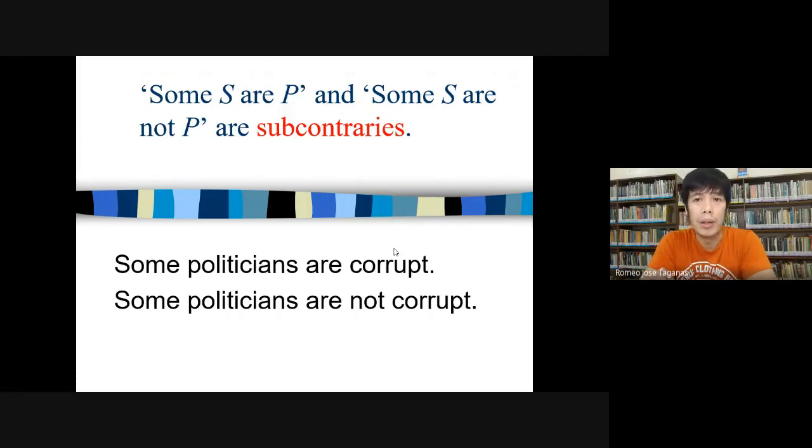The next example is an O proposition because an O proposition is particular and negative. Some politicians are not corrupt. It is particular because of the modifier some, and it is negative because easily you can spot the word not. So what is the relationship of the first proposition to the second proposition? They are sub-contraries.